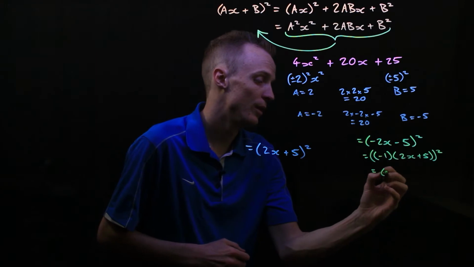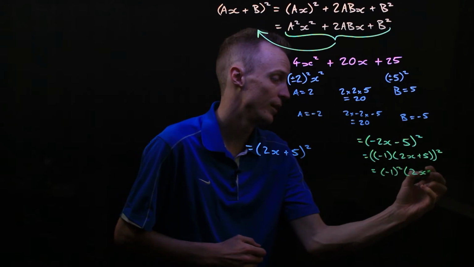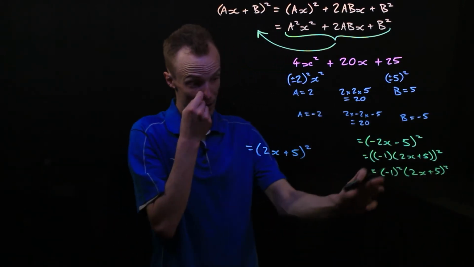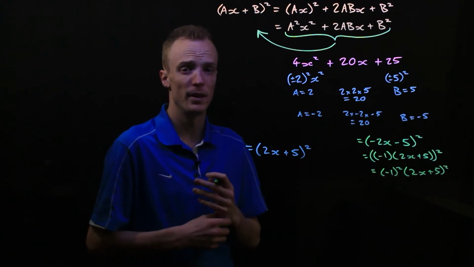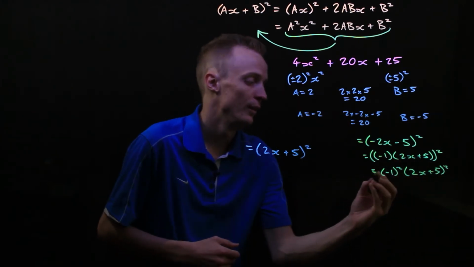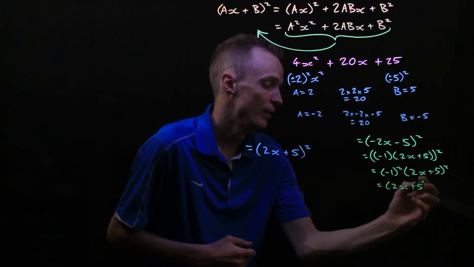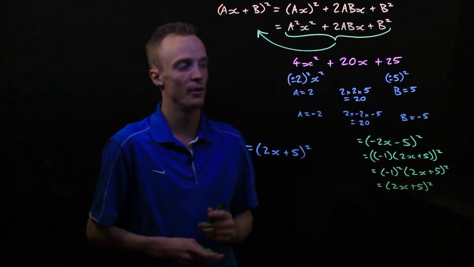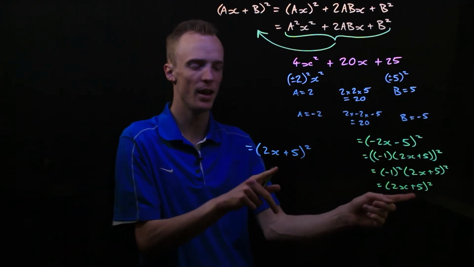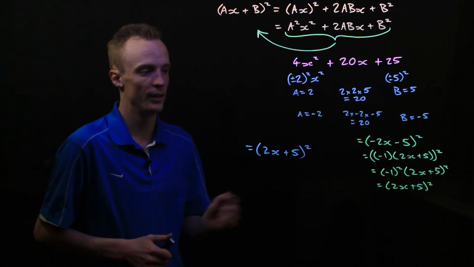So this is equal to negative 1 squared and (2x + 5) squared. What do we know about negative 1 squared? Well, negative 1 times negative 1 is positive 1, and positive 1 times this will just be this. So this is the equivalent of (2x + 5) squared, which is what I had over here. In essence, while it does appear that we have two solutions, they are equivalent to each other. So there are two different ways that we could represent this.